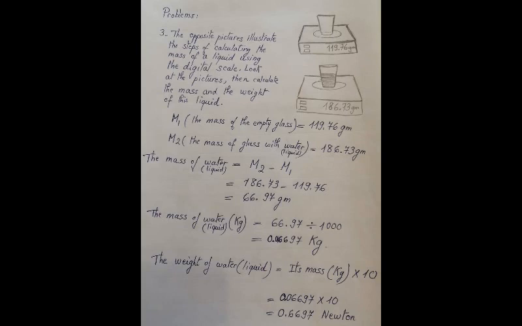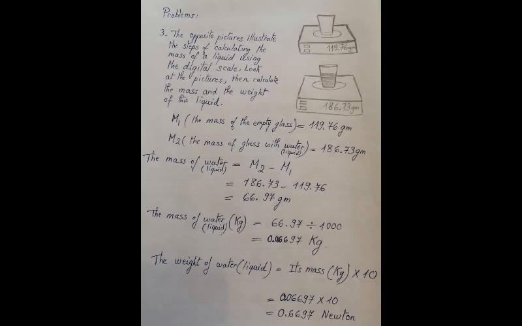The mass of water by kilogram equal 66.97 divided 1000. أنا هنا بحول من الجرامات للكيلوغرامات. من الصغير للكبير بعمل divided by 1000 equal 0.06697 kilogram.